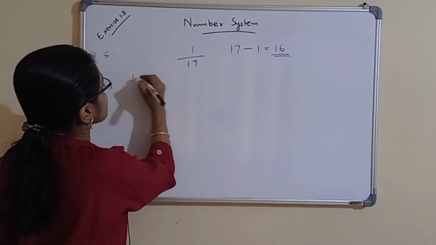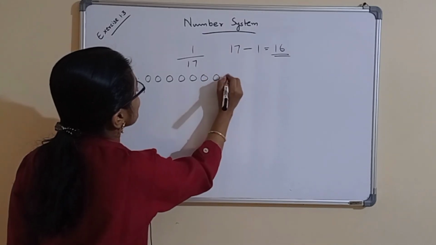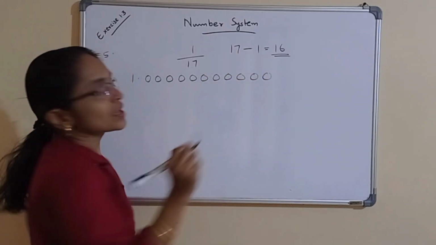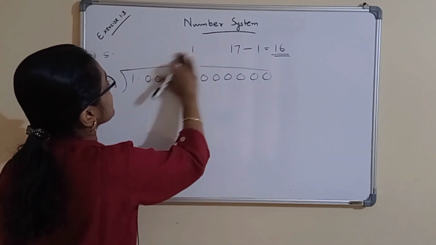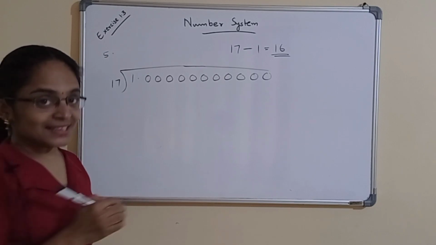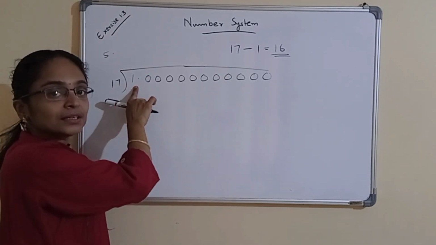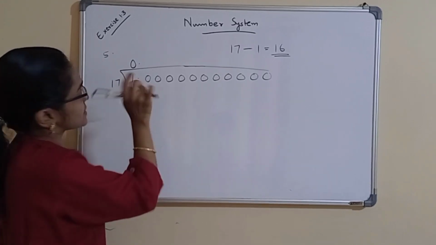Now, we will perform division to check whether our answer is correct. So we can write it as 1.00000000000 and we can divide this by 17. Will 17 go in 1? No. So write a 0. Then decimal.